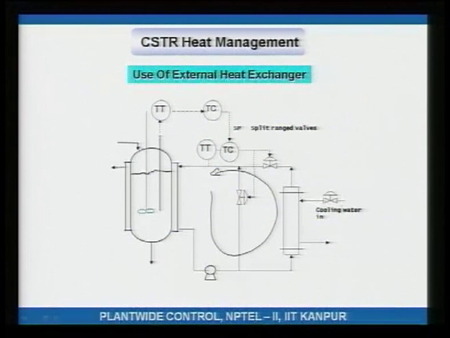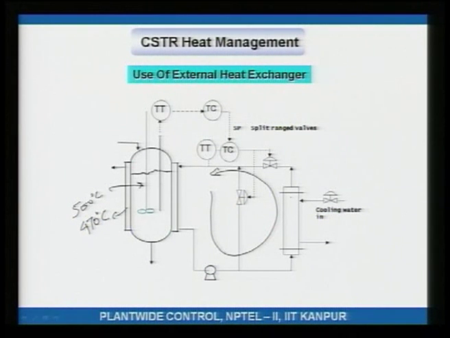So, if the reactor temperature is, let us say, 500 degrees Celsius, you will have a jacket temperature that may be, for example, 470 degrees Celsius. Now the heat gained by the hot oil in the jacket is lost inside this heat exchanger.